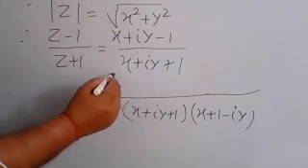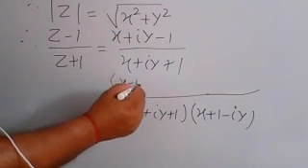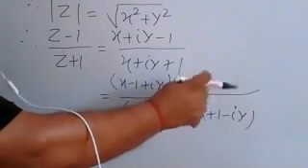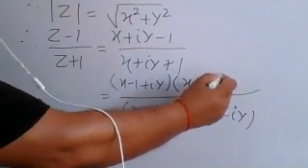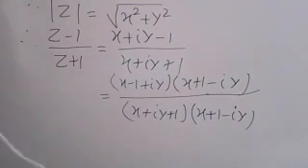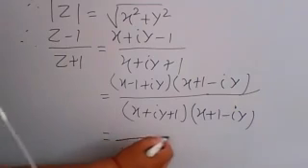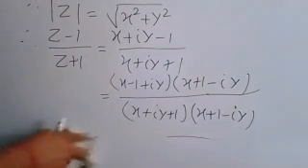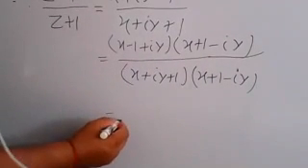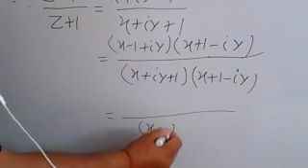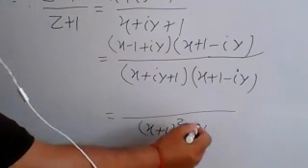And its numerator part is x minus 1 plus iy into x plus 1 minus iy. You write in this way. Now taking its product, so that is equal to, in the denominator you have x plus 1 whole square plus y square.